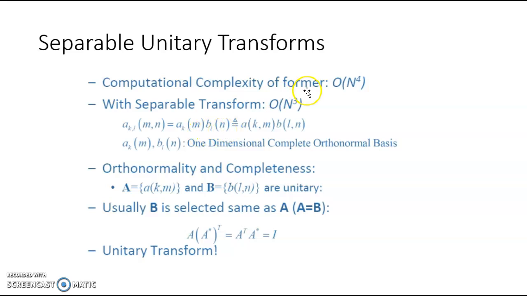That means if I have a two-dimensional matrix, then I can represent it as a product of two one-dimensional sequences. Similarly, here A_KM and B_LN are one-dimensional complete orthonormal bases. That is, this two-dimensional basis function I can represent as a product of two one-dimensional complete orthonormal basis functions.